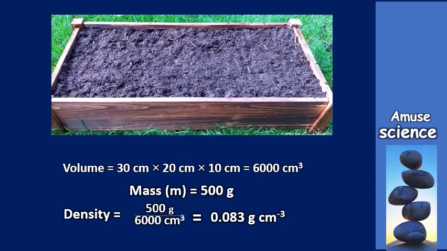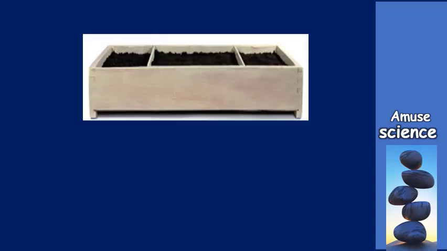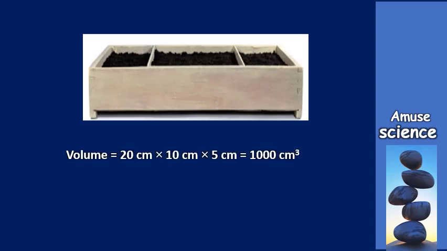So let us take another wooden box, this time of length 20 centimeters, of width 10 centimeters, and of height 5 centimeters. The volume of this box will now be 1,000 cubic centimeters. We fill this with the sample of garden soil, weigh it, and we assume the mass is again 500 grams.